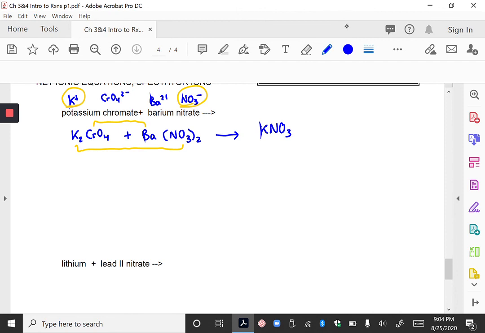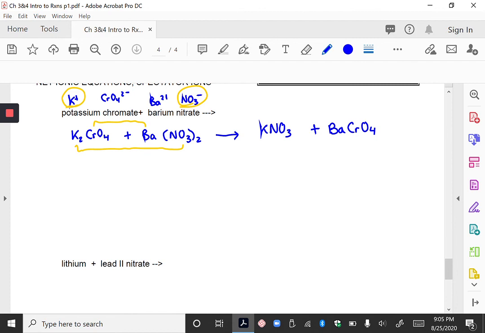We're not going to worry about how many there are because we're going to take care of that with balancing. And then you put the two middle ones together. So you have the chromate ion with the barium ion. Remember that the positive one comes first when you write out your formula. So barium chromate, 2 plus and 2 minus, so you just need one of each. So BaCrO4.